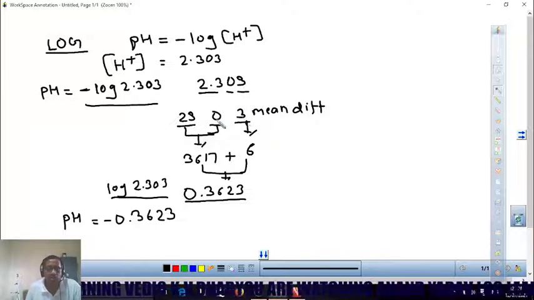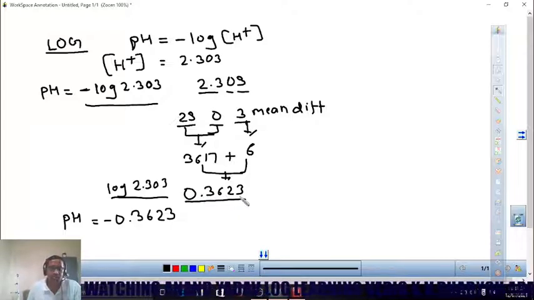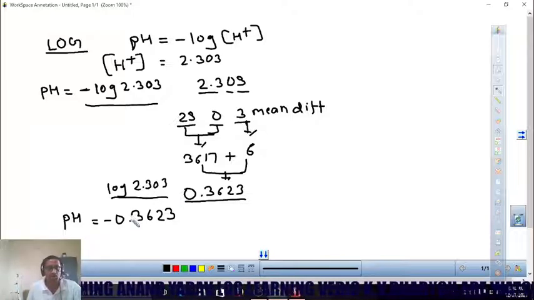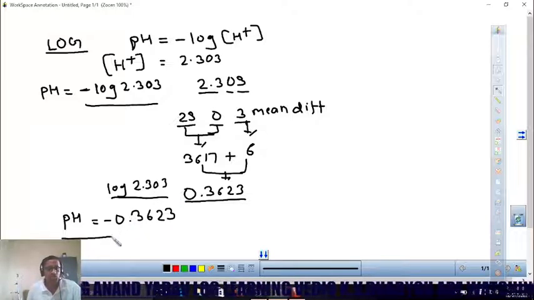So you have to find out 0 of 23 from the log table. I have seen 0 of 23 is 3617, and then 3 of 23 mean difference was 6. So I will add these two numbers and write it like that, 0.3623. This is the solution of log 2.303. So this is the way you can find the log.